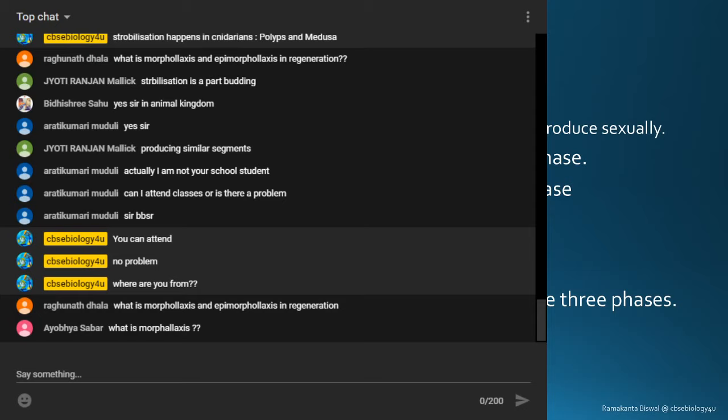What is Morphallaxis? Okay, I'm not very sure about it, Vishwaranjan. What I guess is that Morphallaxis is basically a regeneration of a certain particular tissue due to the loss of that existing tissue.